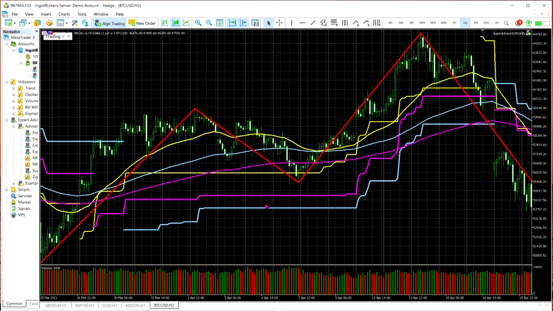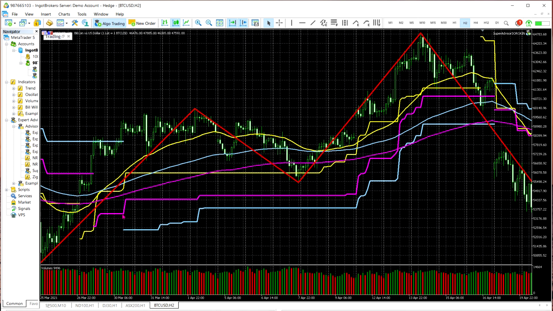But because there is a different logic, we have a blue one and yellow one with the same logic and magenta with different logic. If you're using free moving averages, like you see on the graph, you can't really get this very important signal about the change in trend direction, but with our system you can.